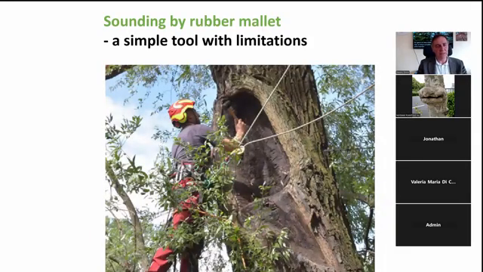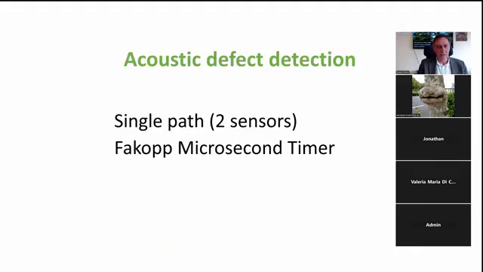There is a very simple technique, the rubber mallet, sounding the tree. Experienced users get information about the internal condition. I mean, advanced, big hollows or decay may be found by this simple technique. It needs a little practice, but has some limitations, of course.